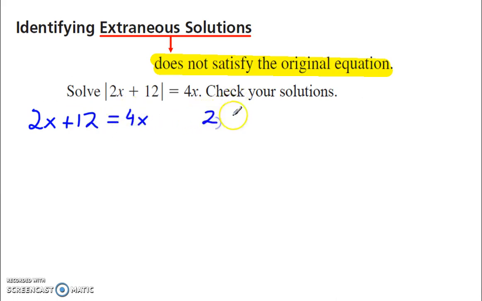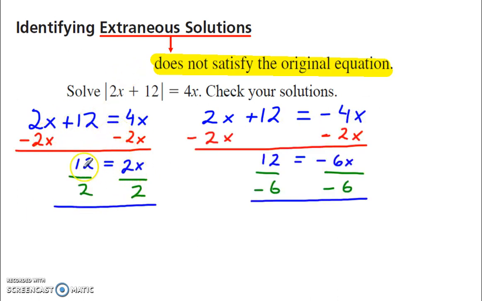And remember, we have to do the other one. 2x plus 12 is equal to negative 4x. Now, if I solve that, it looks something like this. Eliminate the variable term, and then here I divide by 2. That cancels out the 2. X equals 6. On this side, divide by negative 6. So I'm going to get positive. Negative divided by negative. Over here, 12 divided by negative 6 is negative 2.